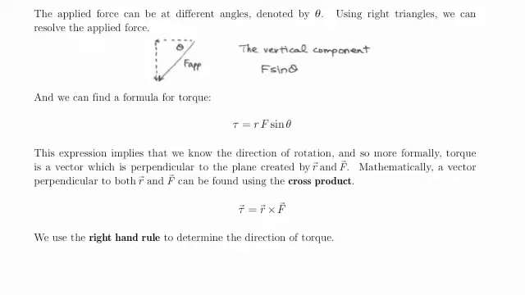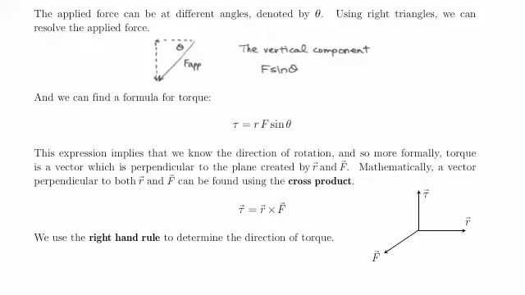More formally, torque is a vector, which is perpendicular to the plane created by R and F. We have a little diagram here. The plane of R and F would be perhaps the flat surface of your desk, and the torque vector is perpendicular to both R and F. You may have seen something like this before: the magnetic force acts perpendicular to the magnetic field and to the current.